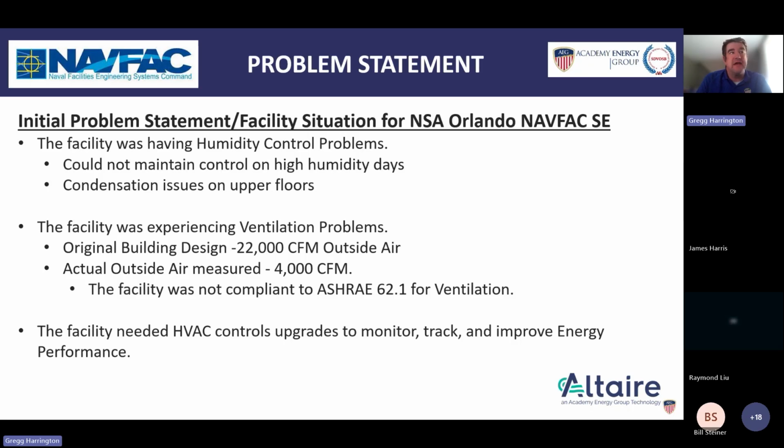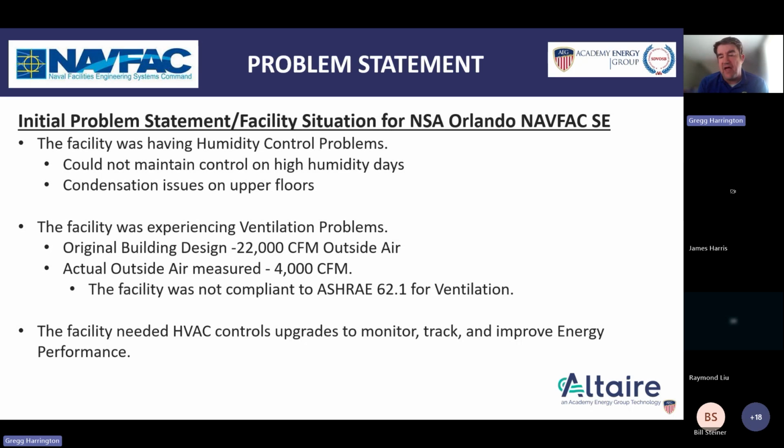Part of what they recognized is that the original building design didn't meet ASHRAE 62.1 requirements, so they weren't properly ventilating the building to begin with based on the occupancy.